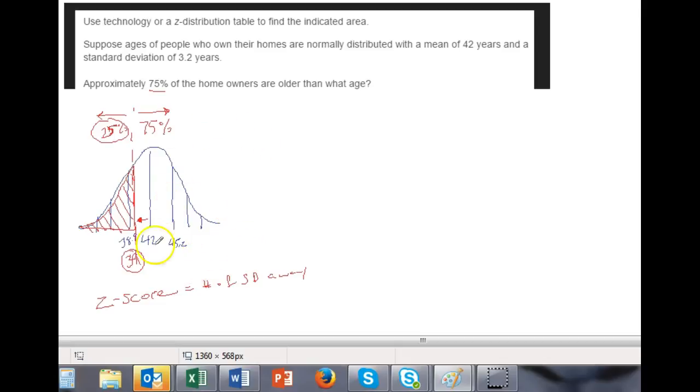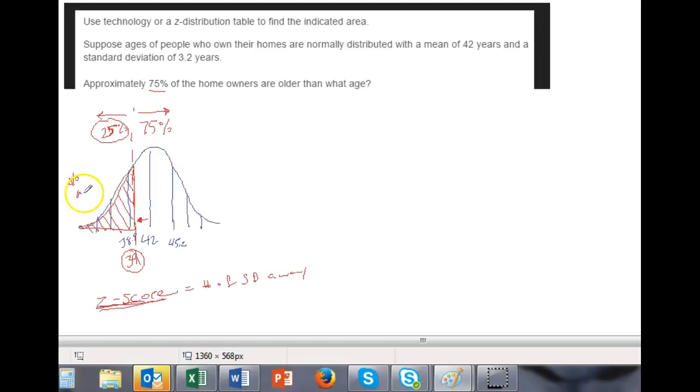Now the z-score is, surprise, surprise, what we find on our z distribution table. The z distribution table matches up the z-score, which is the distance from the mean in standard deviations, with the percent of the distribution below that point, so below that z-score data point on the table. Sometimes we refer to this as the percent: what percent of the data is below that line?